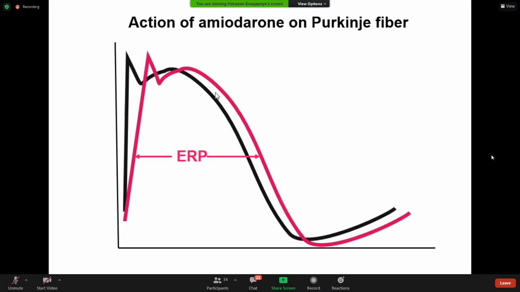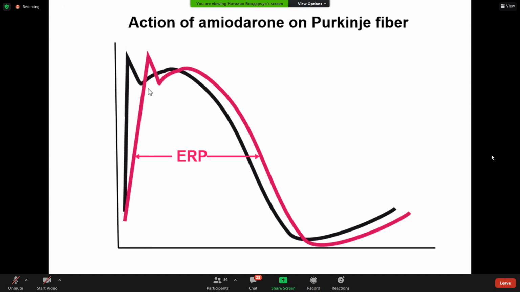The same you can see on the Purkinje fibers. Inhibition of the potassium channels during the third phase prolongs its duration, and the effective refractory period duration will be increased. But if we are speaking about amiodarone action, these drugs also inhibit beta-1 adrenoceptors, sodium channels, and also calcium channels.